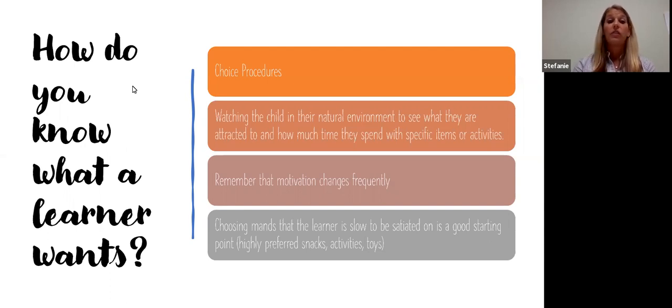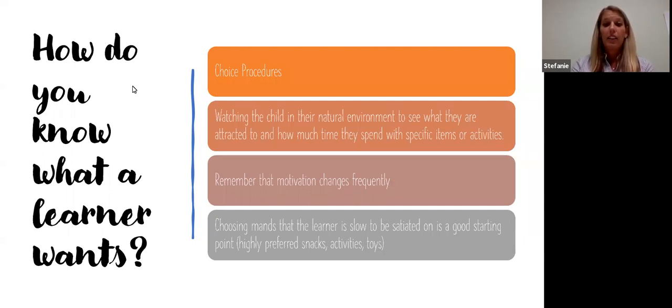Remember that motivation changes frequently. Just because we interact with one item a lot one day, that doesn't mean we're going to be motivated for it the next day. So we always have to keep an eye out for what the learner is going to be motivated by, and always use our choice procedures and our observation to identify what is motivating at the moment.